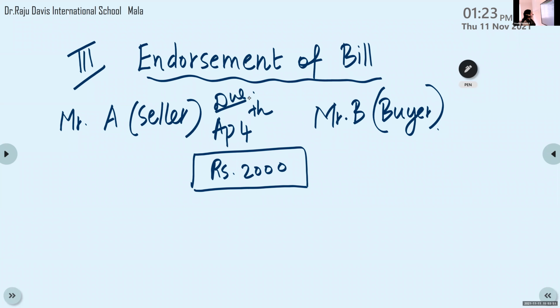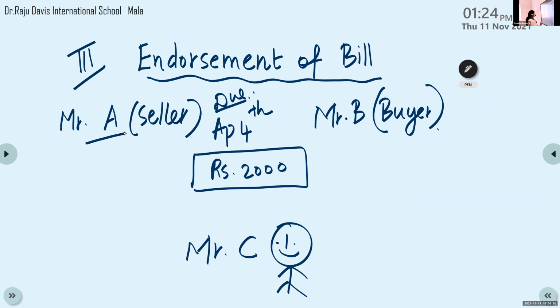Now we are going to discuss endorsement of bill. Suppose there is Mr. C. Here we are going to meet a new person, Mr. C. Actually, Mr. A has purchased goods from Mr. C on credit. Understood?